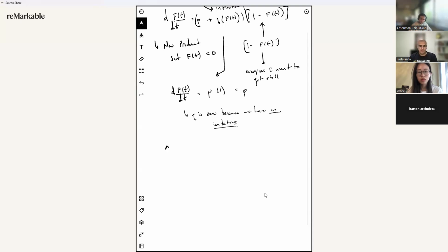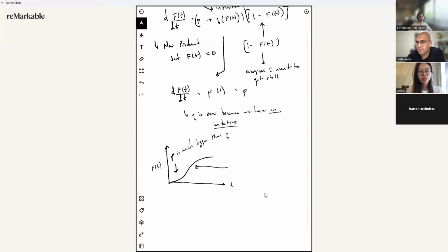So it makes sense that for this very beginning of the graph, the only thing that matters is P. P is much bigger than Q. And then as we move along, we start seeing that, if you look at the proportion of innovators as a ratio to the proportion of imitators, the imitators start to gain a lot of traction, right?